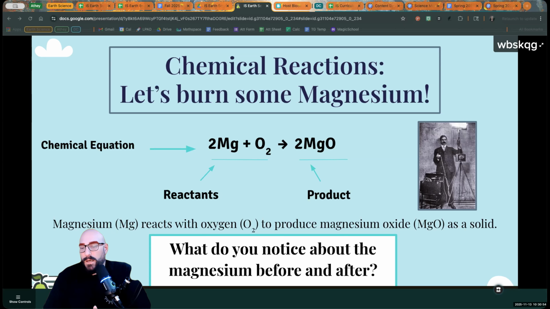And you can notice that the two on the oxygen isn't there anymore. Before the chemical reaction, there were two oxygen atoms bonded together. Afterwards, the oxygen is bonded to the magnesium now.